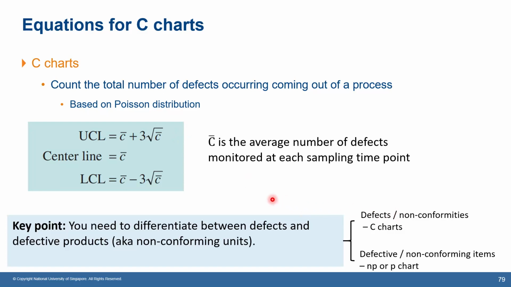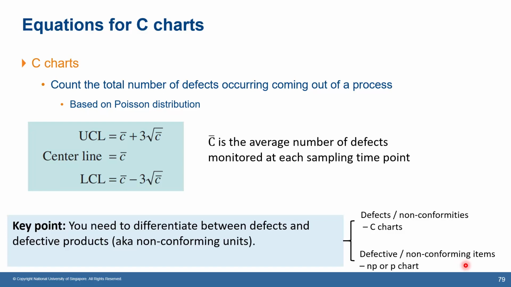One key point that you need to be able to differentiate is the difference between defects and defective products. Sometimes some textbooks will call them non-conformities and non-conforming items. When you have a defective product or a non-conforming item, that item doesn't meet the specification.